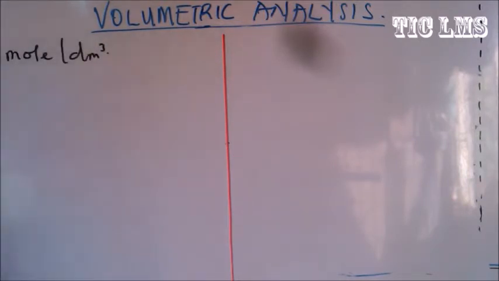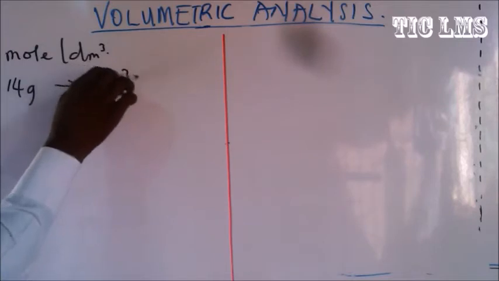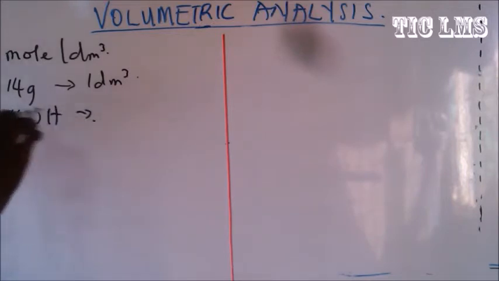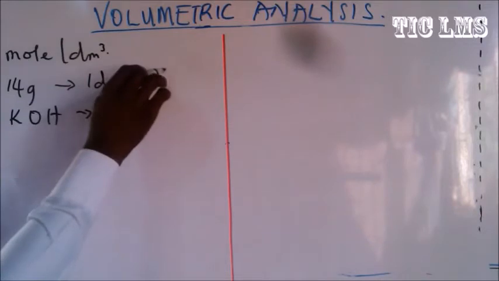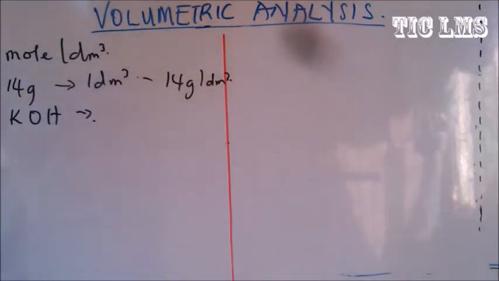But here, we're given that 14 grams was dissolved in 1 dm cubed of the solution. And we have a base, which is potassium hydroxide. Alright, so this is already in gram per dm cubed, that's 14 grams per dm cubed, and this is a standard solution.